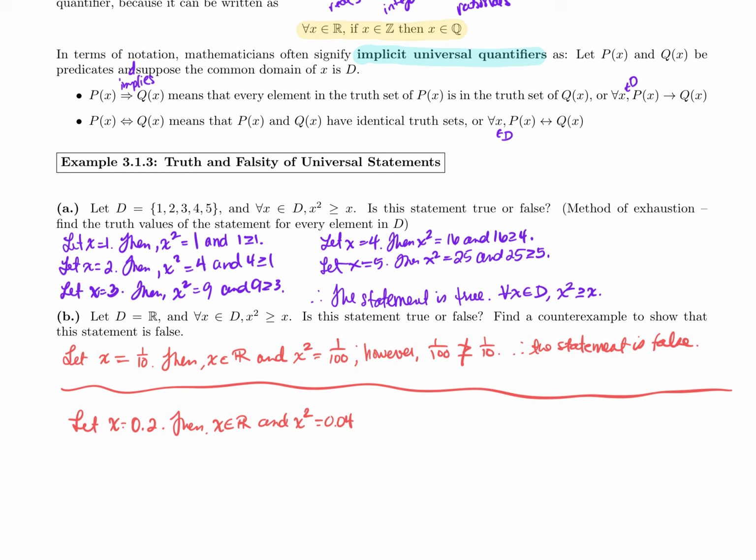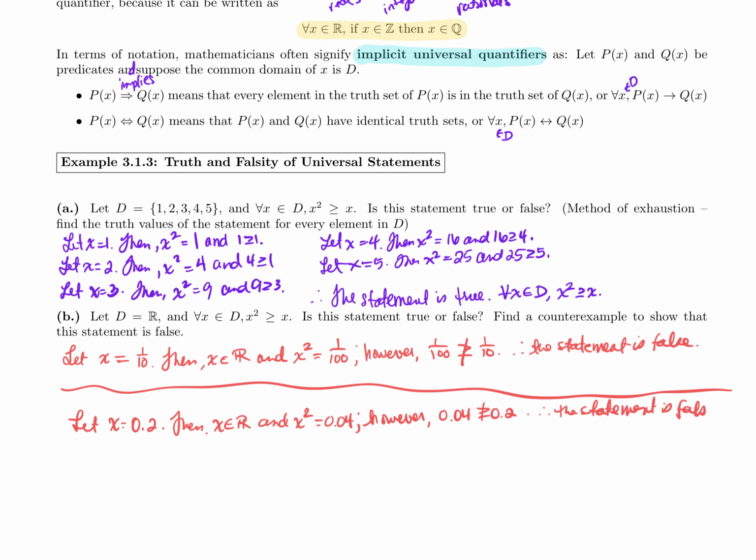That's 2 times 2 is 4, and there are 2 decimal places, so you move it 2 decimal places to the left. Or you can use your calculator. So here, x squared is 0.04. However, 0.04 is not greater than or equal to 0.2. Therefore, the statement is false.